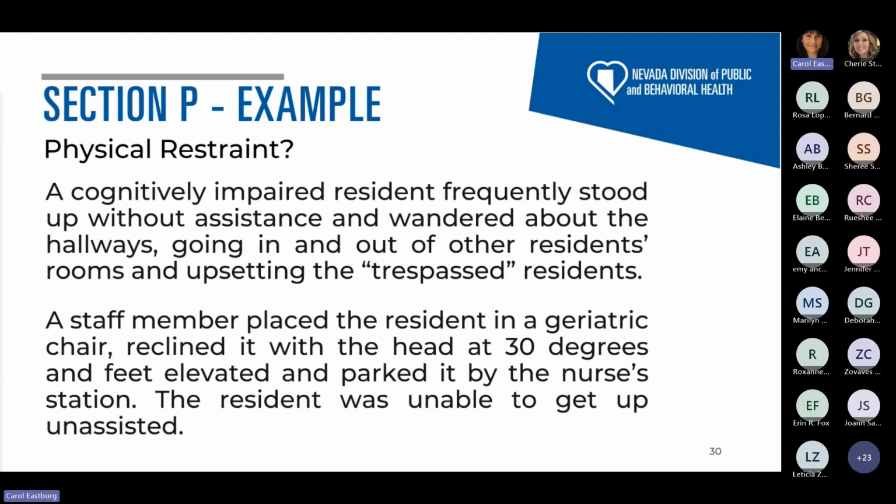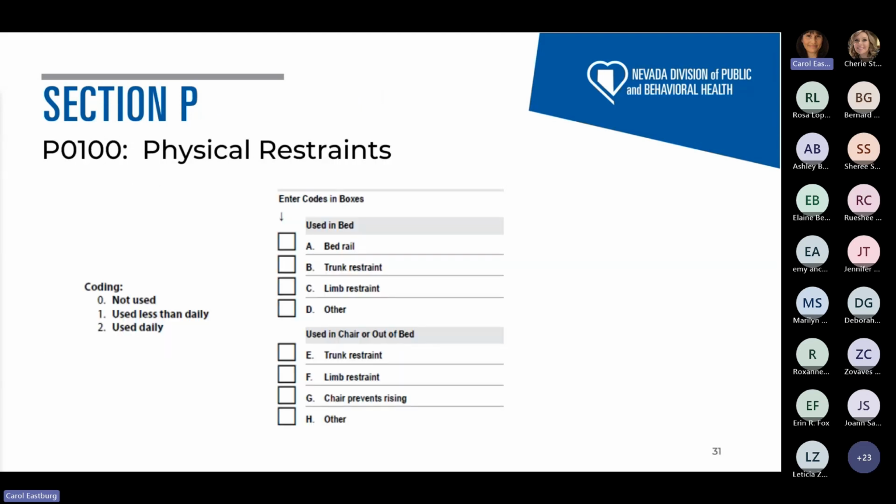This would be considered a restraint since the resident was unable to independently stand up from the geri-chair while in the reclined position. And you would check G, chair prevents rising. Please see the comprehensive explanation regarding all details related to physical restraints beginning on page P-1 of the manual.